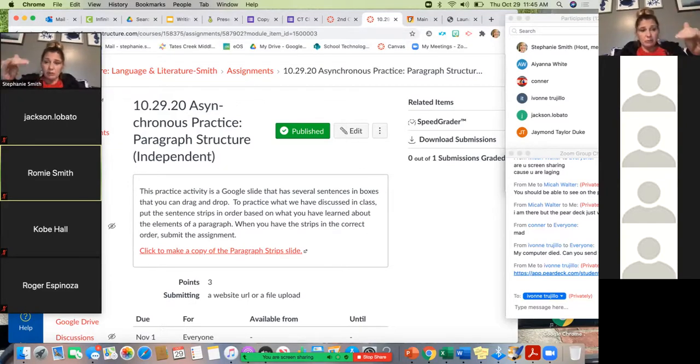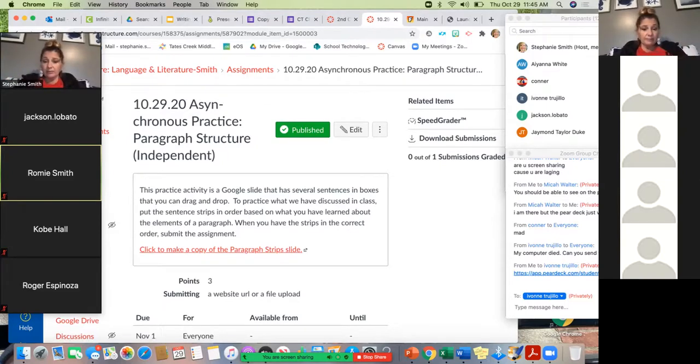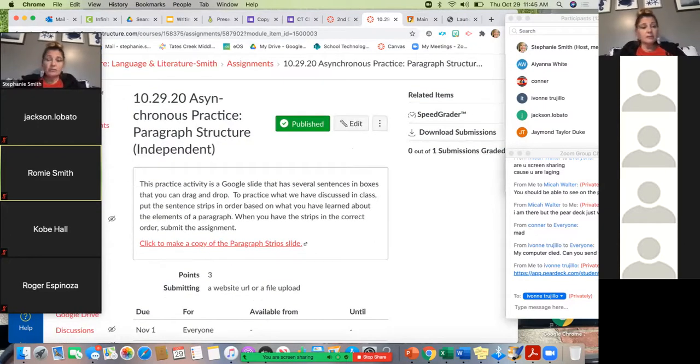So to practice what we talked about with a claim or a topic sentence and supporting detail sentences and a concluding sentence, you're going to drag those sentence strips around on the Google slide. And when you have them in the correct order, you're going to submit the assignment right here. Shouldn't take you a couple minutes. It's just to show me that you understand the order in which this paragraph should be built. Okay?